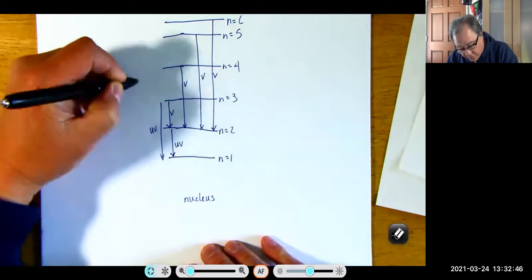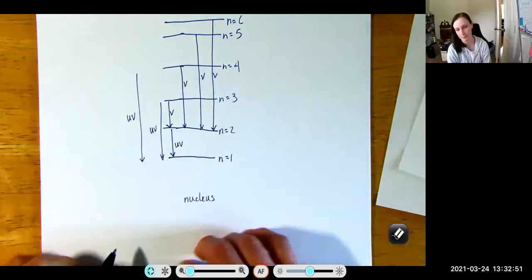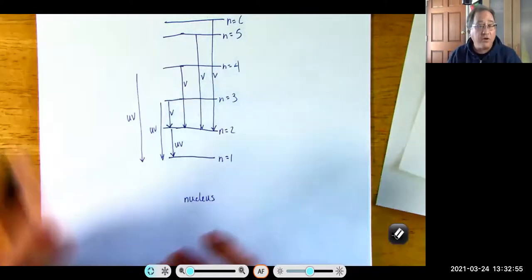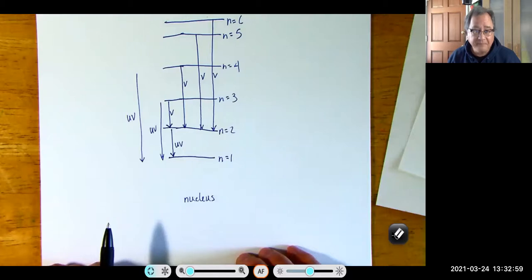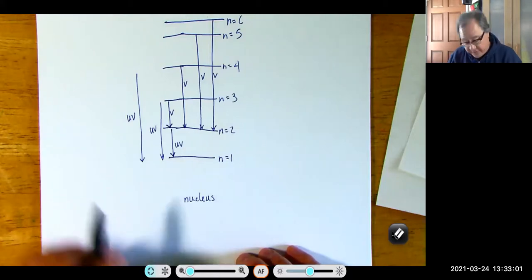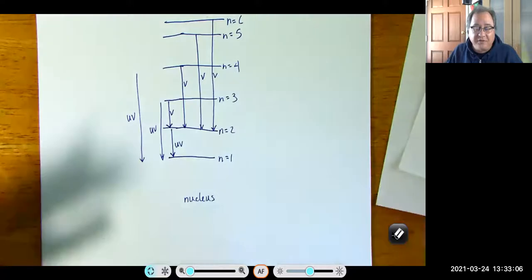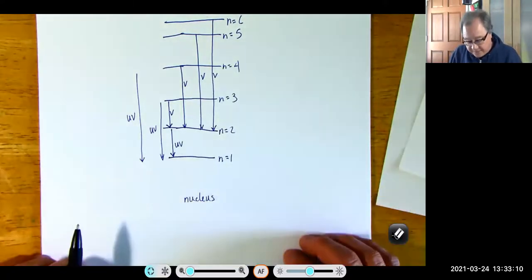If you go from 4 to 1, it's going to be ultraviolet. So see, when I say that the ones that end up in 2 are the visible lines, those aren't all the lines, they're just the visible ones. I see. Okay? It's a good question why only 4. It just so happens that when they end up in 2, they're visible. Okay. And so forth and so on.